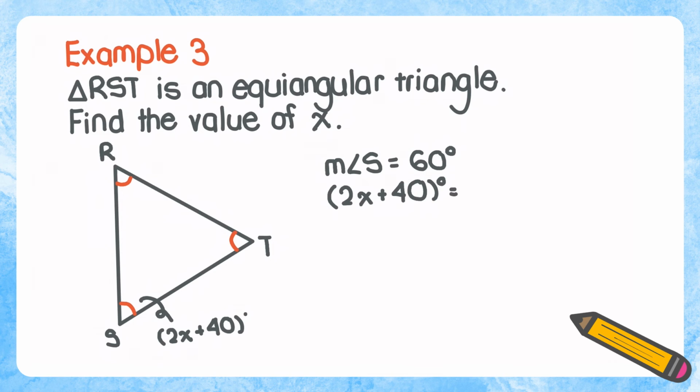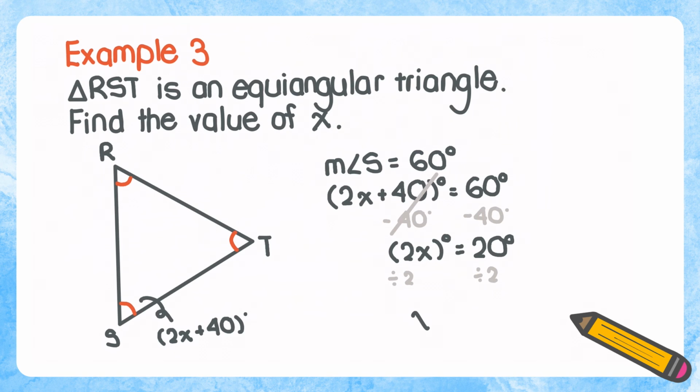And we set this equal to 60 degrees. To solve for x, let's first subtract 40 degrees on both sides. We're left with 2x degrees equaling 20 degrees. We're going to divide by 2 on both sides, and we've solved for x. x equals 10 degrees. Once again, we use the fact that an angle of an equiangular triangle measures 60 degrees.